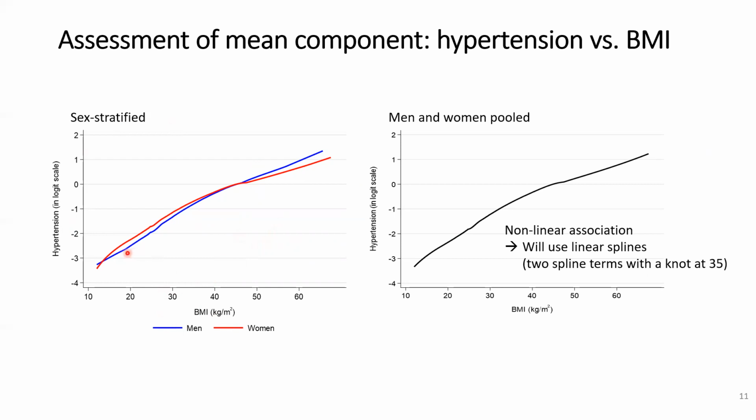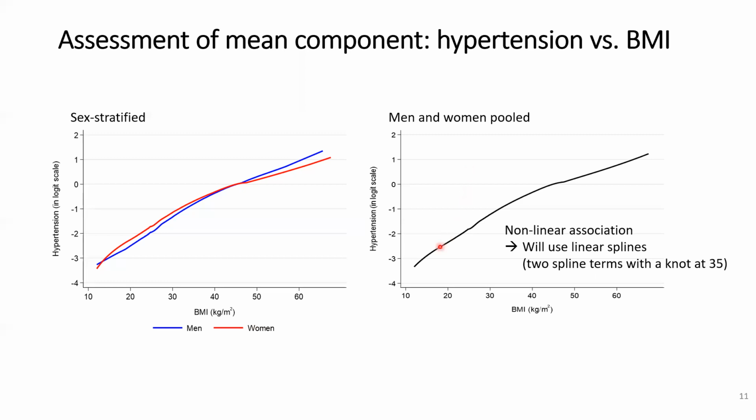I thought that these two lines are kind of similar, so I pooled men and women and decided not to separate them, which may or may not be appropriate for other cases, but at least in this data set, it seems that they follow a similar trend.